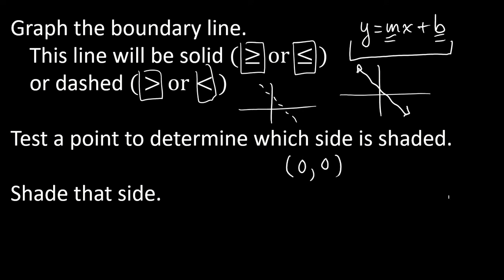If you test the origin and it makes the inequality true, that's the side you should shade. If it makes it false, then you're going to shade the other side. And that's the last step: just shade the side that contains the XY pairs that make the inequality true. All right, let's move on now to our example.